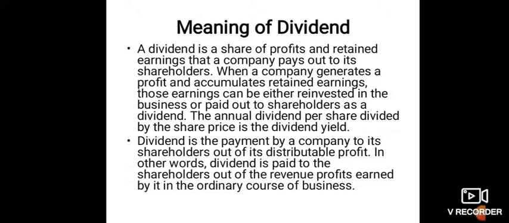That is, while doing daily business activities, the revenue we generate will be distributed among the shareholders as profits. It may be the preference or the equity shareholders. So this is the meaning of dividend.